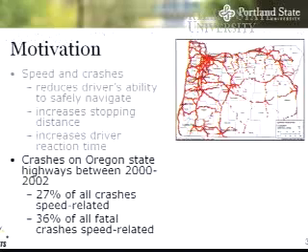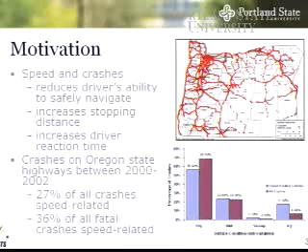And just as an overall summary, about 27% of all reported crashes that occurred on the state highway system were speed related, and about 36% of fatal crashes had some sort of speed related component in them. When we did an overrepresentation analysis, looking at the different combinations of covariates that were related with speed, one of the ones that popped out as being clearly overrepresented was conditions that happened in either snow or icy conditions.